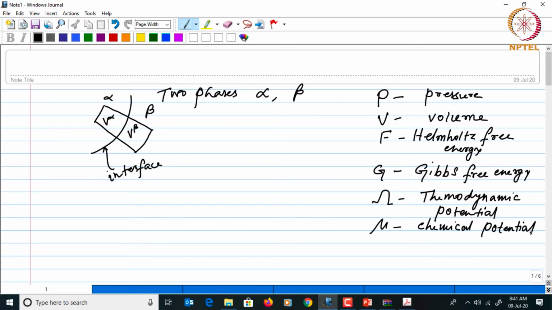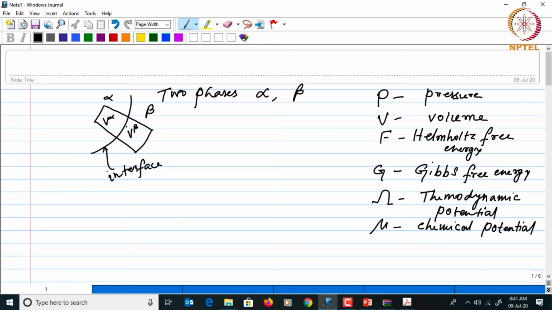So let's come back to this. So these are the two phases that we have here, alpha and beta, separated by a curved interface. So now when you have an interface like this between any two phases, any thermodynamic property can be represented as the sum of the bulk, that means the property of these two phases, alpha and beta, and that of the interface.